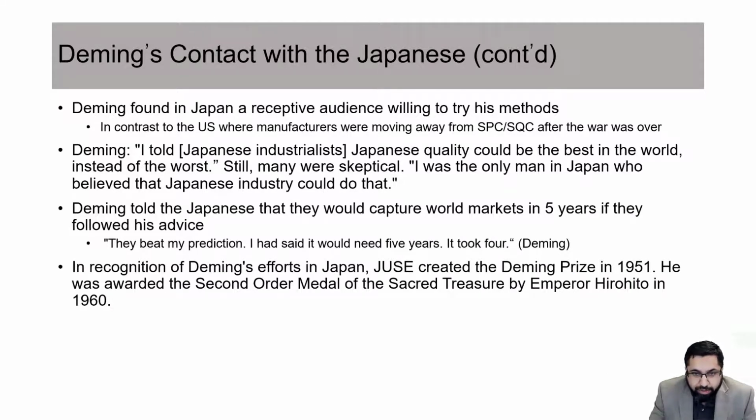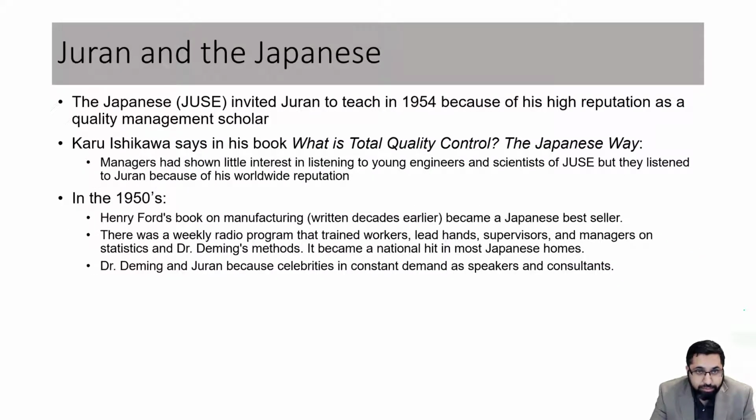In recognition of Deming's efforts to help Japan, the Japanese Society of Engineers created the Deming Prize, and he was also awarded the Second Order Medal of the Sacred Treasure by Emperor Hirohito. The Japanese were looking for knowledge on how to have high quality so they could export products and improve their economy.